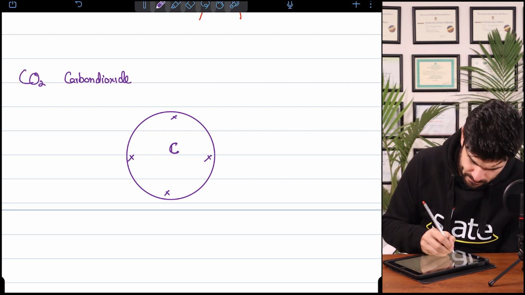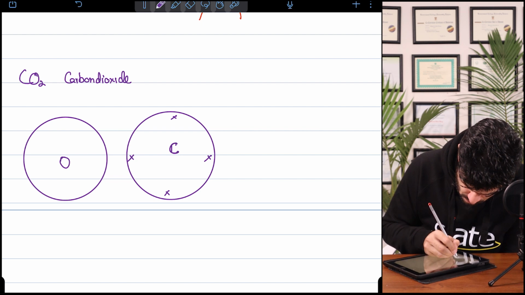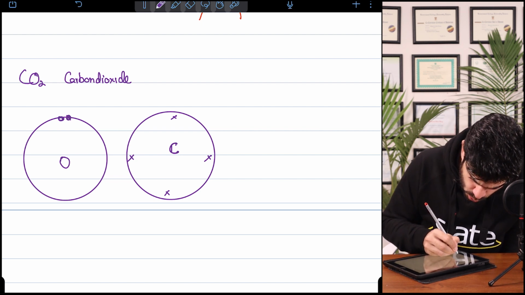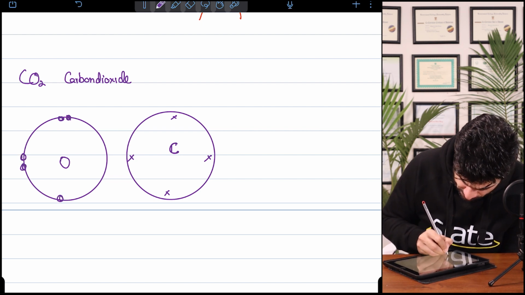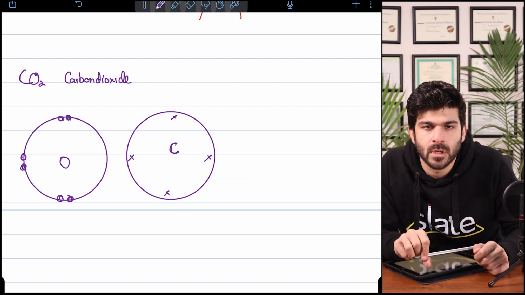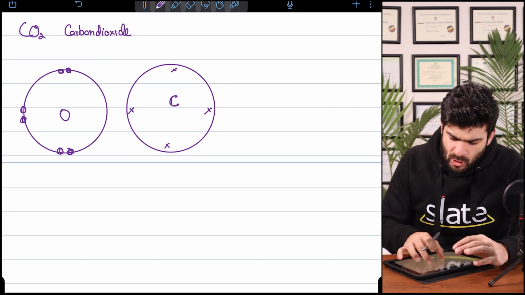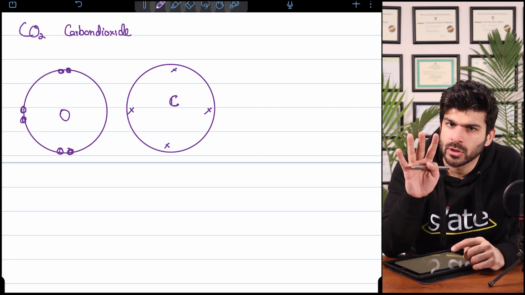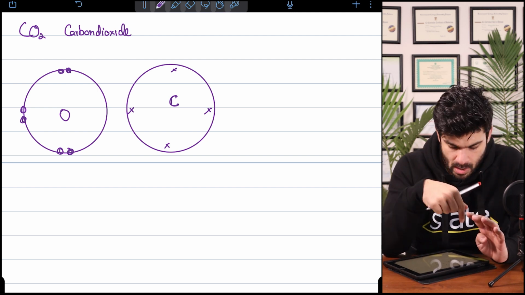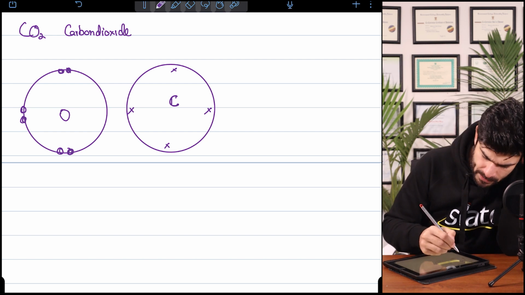Oxygen group 6. 1, 2, 3, 4, 5, 6. So how many electrons does oxygen need? 2. How many does carbon need? 4. Carbon needs to have 8 electrons, so carbon already has 4. So it needs 4 more electrons. But oxygen only needs 2. So the 2 will come from this carbon.